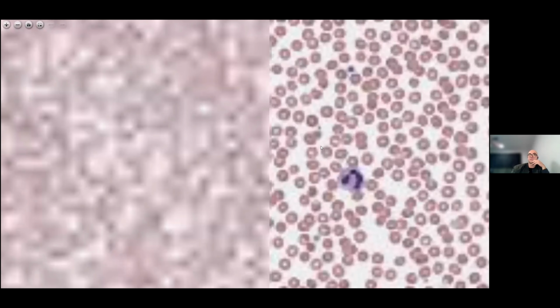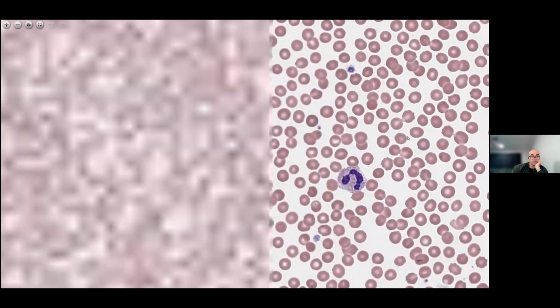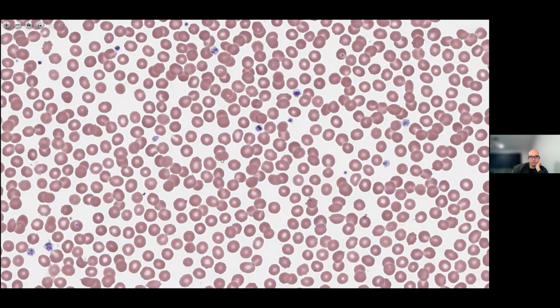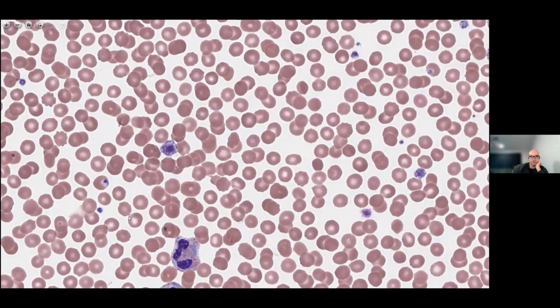The patient was mildly anemic, or it could be normal for the individual. And there's no obvious abnormal poikilocytes. There's an occasional cell here that might be a spherocyte, but there's not very many of them. If I wasn't seeing a couple, I'd go to a better area of thickness further up in the film.